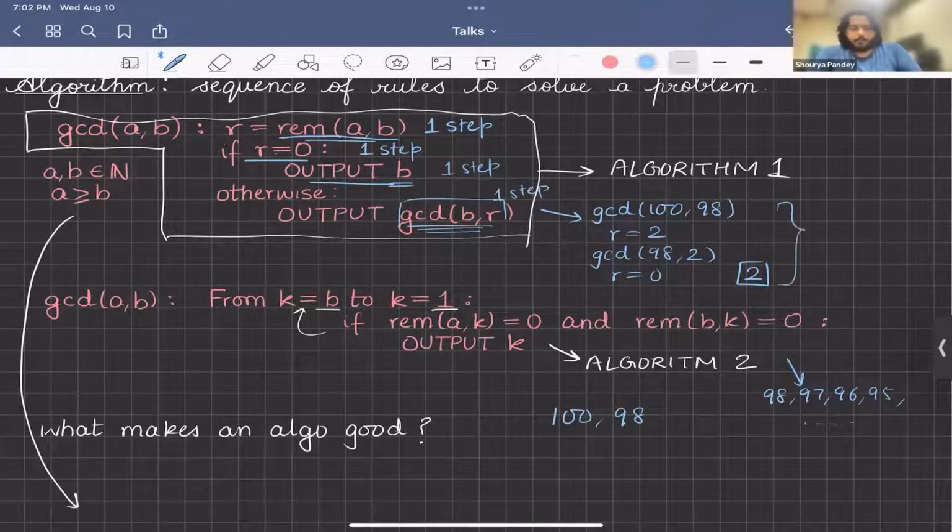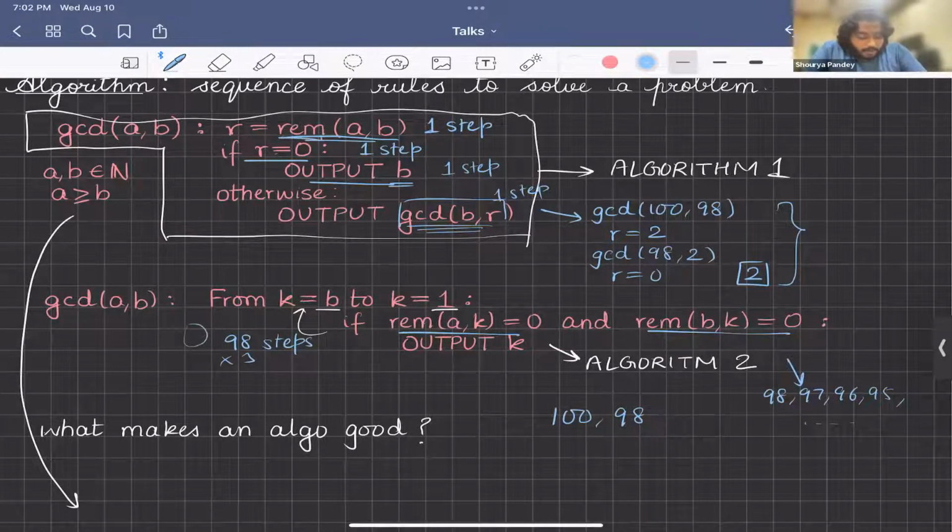So this may take like 8 or 9 steps, because each time GCD is called, you may need like 4 or 5 steps. While this takes about 98 steps. In fact, it takes more because you need to check this, and then you also need to decrease K by 1 and then check. So maybe 98 times 3 or something. Either way, this is much larger.